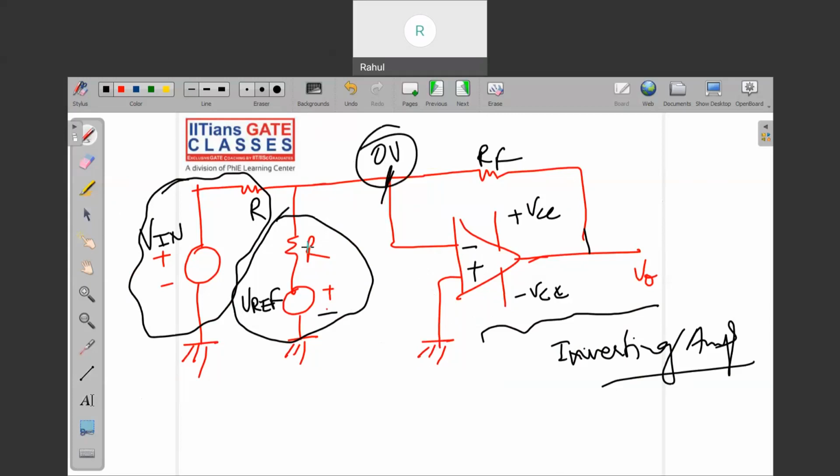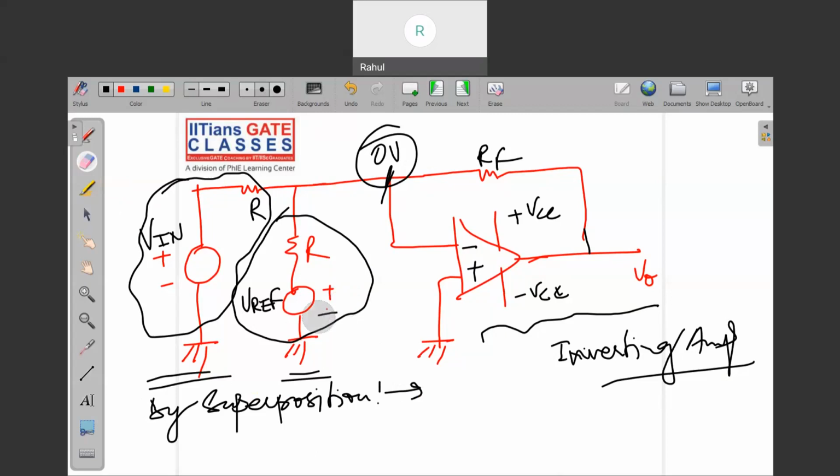You can consider one at a time, because you need to apply superposition, since there are 2 sources. By superposition, in one line you can answer this question. If this diode is off, initially you can consider this diode is off, so this R will also be gone because there is a 0.